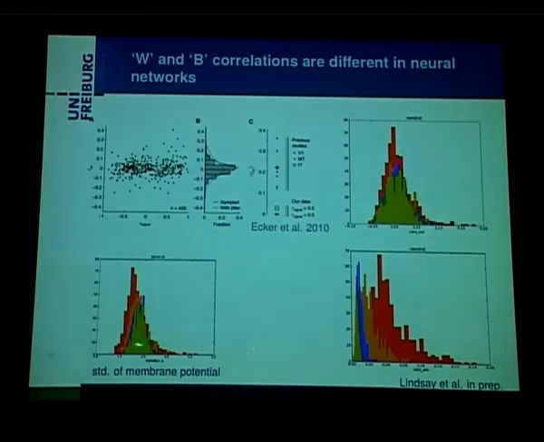That's what we show here: depending on the value of W correlations, you get some mapping to the standard deviation of the single neurons. So by looking at single neuron membrane potential statistics, you can tell to what extent W exists, and how much is B by comparing two neurons together intracellularly.